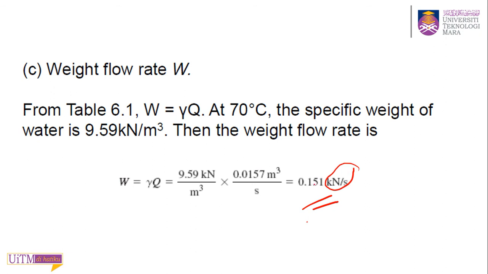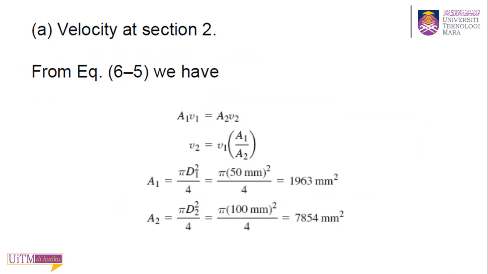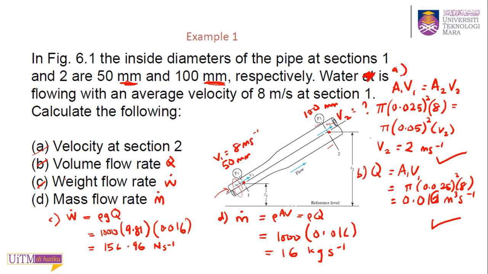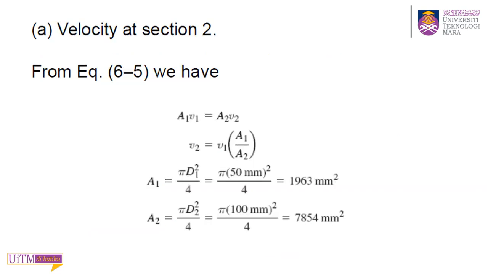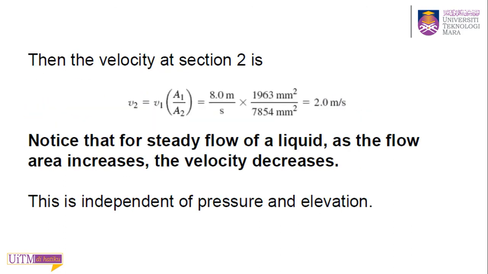Because for the Q they use 0.157, we use 0.016, so that's why it's different, it doesn't matter. And the last one, D, the mass flow rate. They get 15.36 and we get 16.